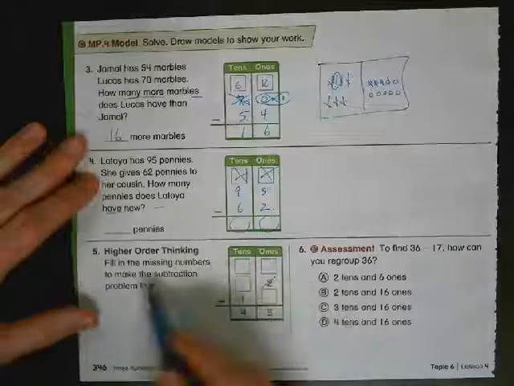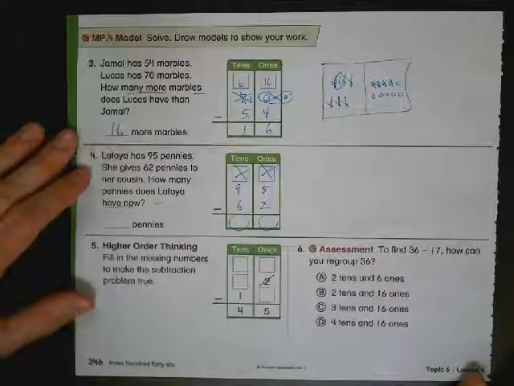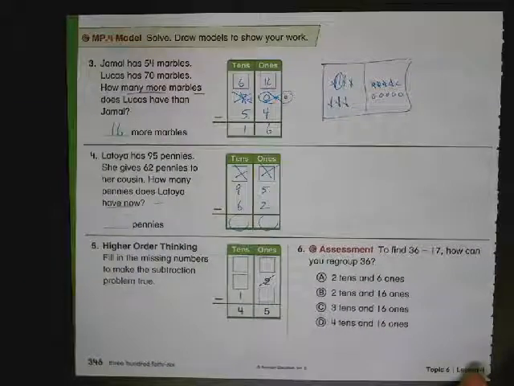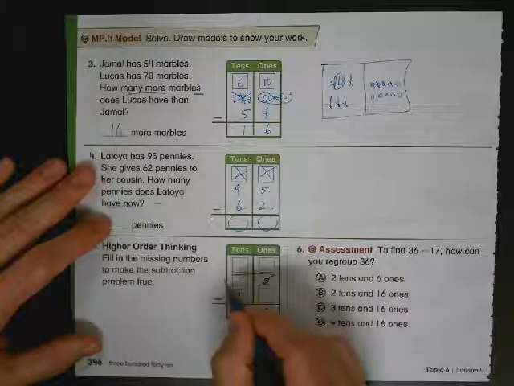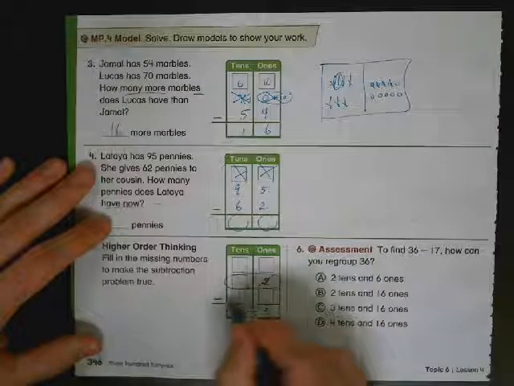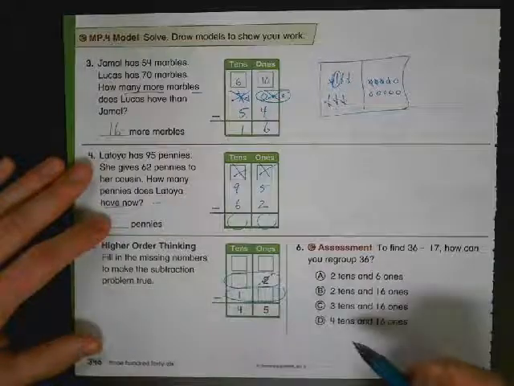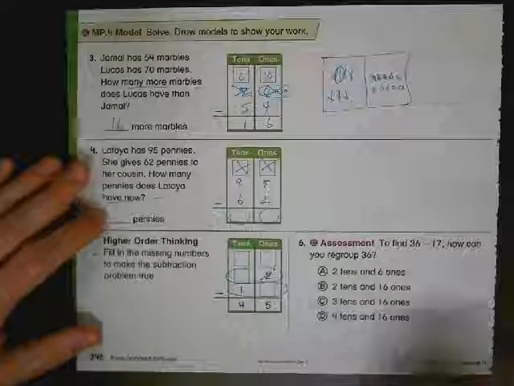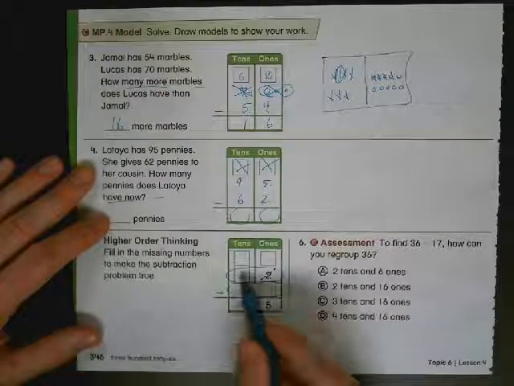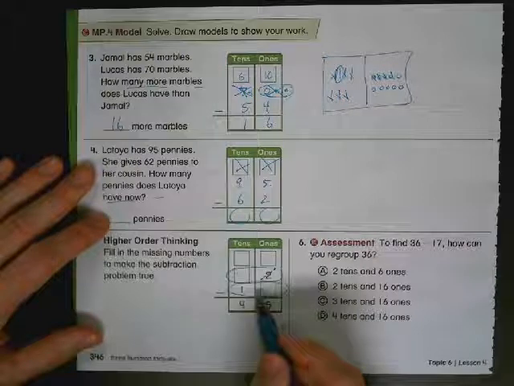Ooh. Find the missing numbers to make the subtraction problem true. Whoa. So you have some number here, minus some number here, is equal to 45. This is tough. So I know that I have to subtract the 10 here, and I'm going to eventually have to regroup. Why?